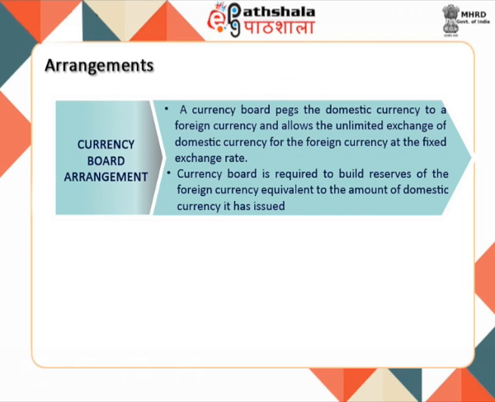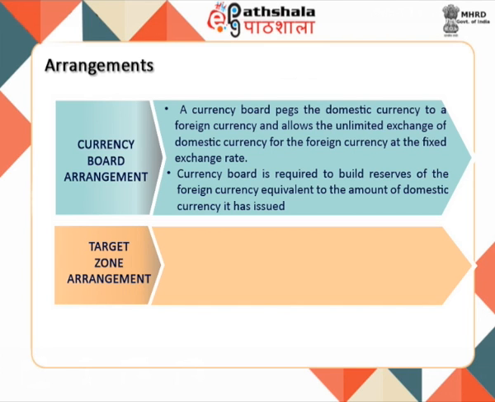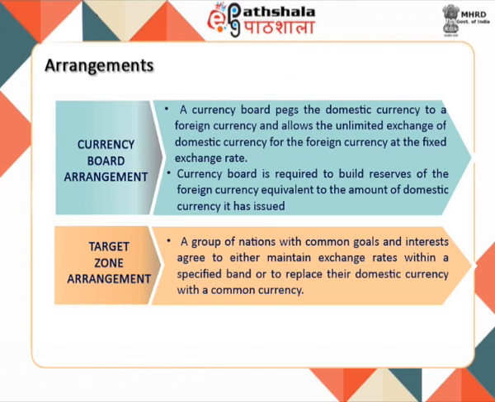The currency board is required to build reserves of the foreign currency equivalent to the amount of domestic currency it has issued. Under the system of target zone arrangement, a group of nations with common goals and interests agree to either maintain exchange rates within a specified band or to replace their domestic currency with the common currency.